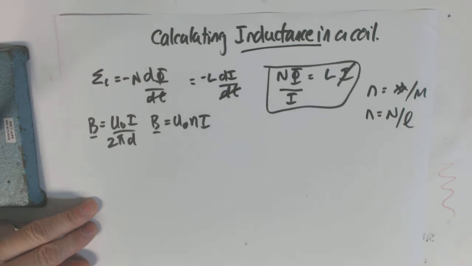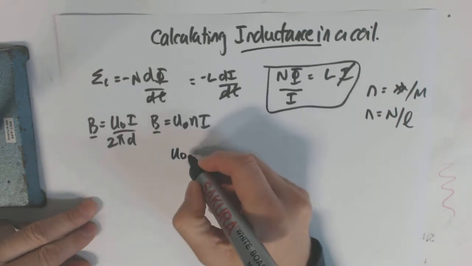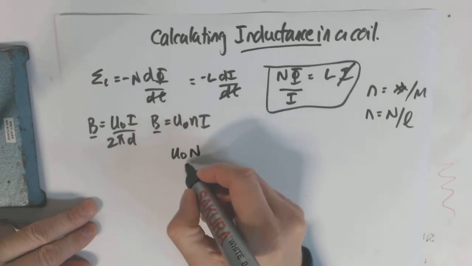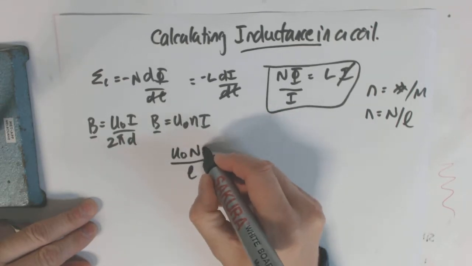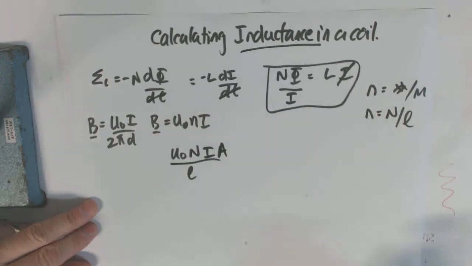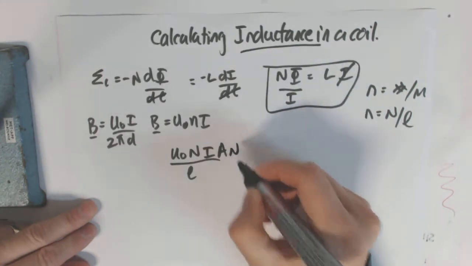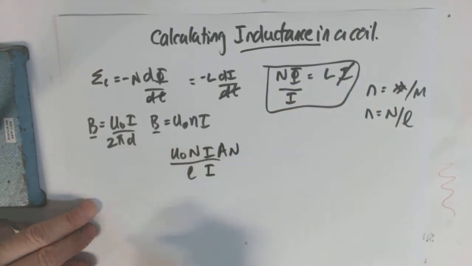So then we're just about there, really. So mu naught little n, I'll put the big N back if you like, which means we have to put it over L times I, that's the flux, times the area, that's flux. We have to multiply that by another N, don't we, and I is underneath there, and that's what L equals.